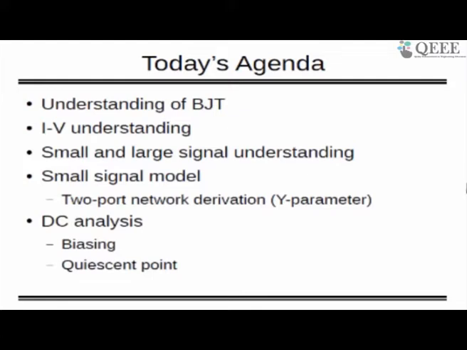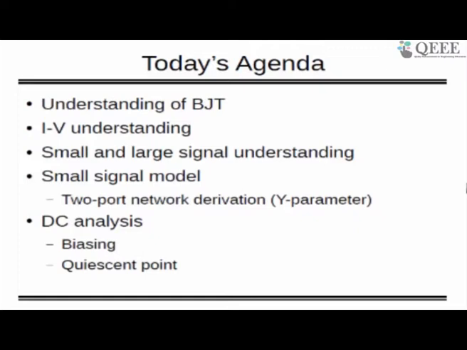Agenda. So today we are going to cover understanding of BJT, a basic understanding of how the BJT works, and we are interested mainly in one region of operation, which is called the active mode of operation. That is what we are going to cover in depth, because that is the region of operation where your BJT is going to give you amplification.